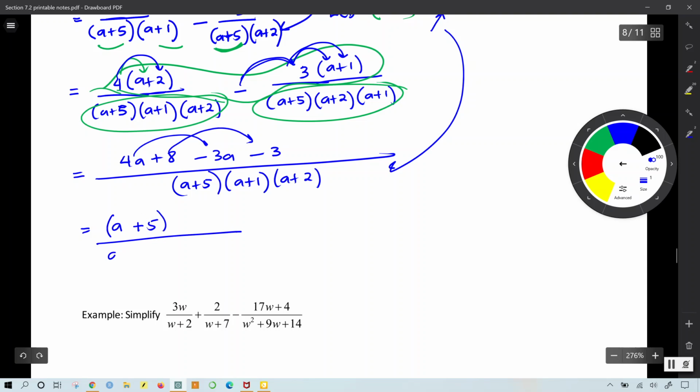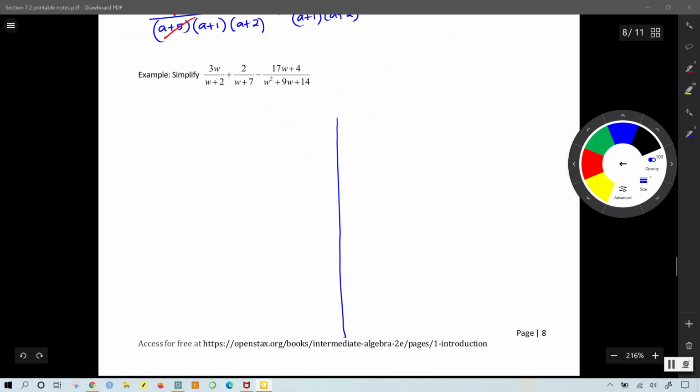So we have this piece divided by a plus 5, a plus 1, and then a plus 2. And the common term to strike out here is a plus 5. So we're left with 1 on top, and then a plus 1 times a plus 2. Now we go on to the next question.